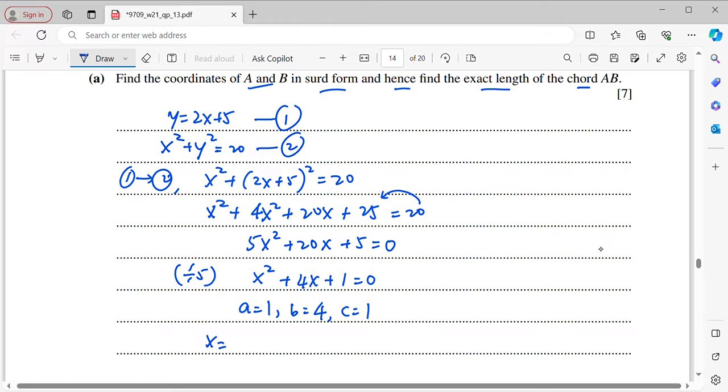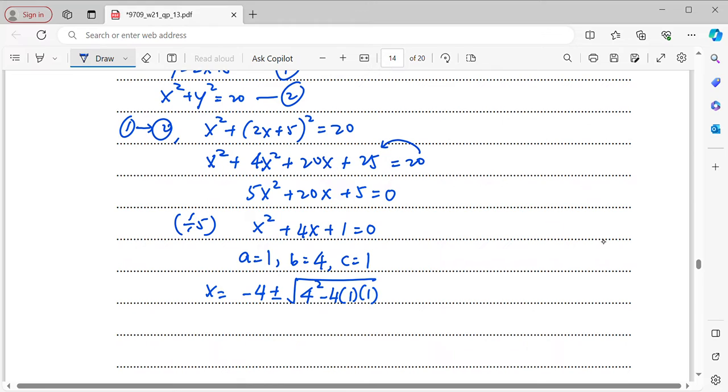So my x will be minus b, which is 4, plus minus the square root of b squared, which is 4 squared, minus 4 times 1 times 1. This is b squared minus 4ac, then divided by 2a. From here, you will get minus 4 plus minus square root of 12 over 2.